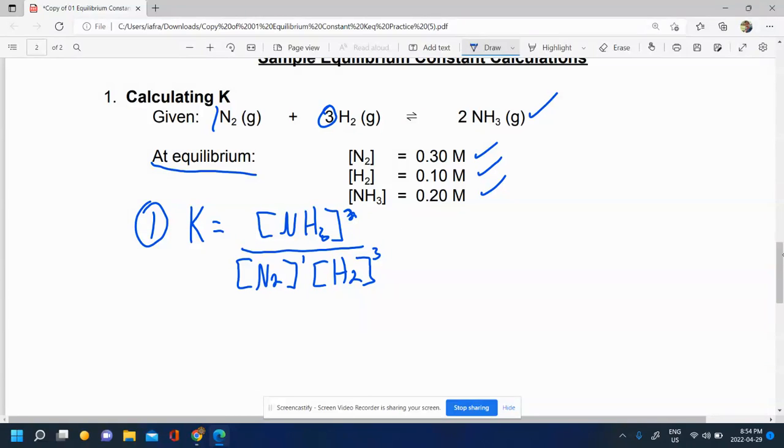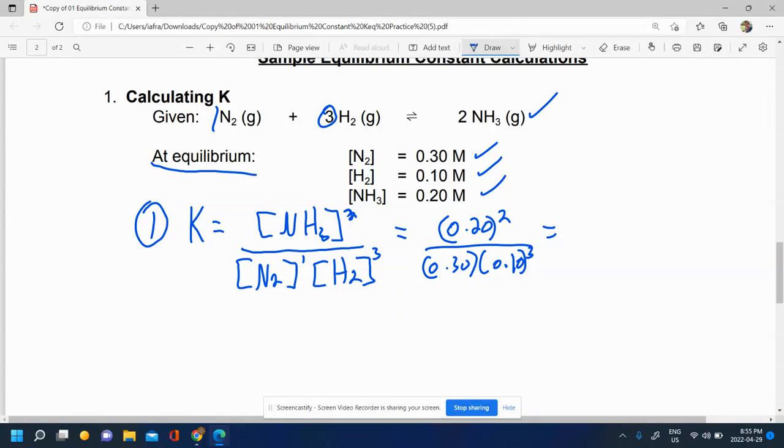So now what I can simply do is plug these values in, and I get my equilibrium constant. So I can do 0.20 squared over 0.30 times H2, which is 0.10, and it's cubed. And I can punch that into a calculator.